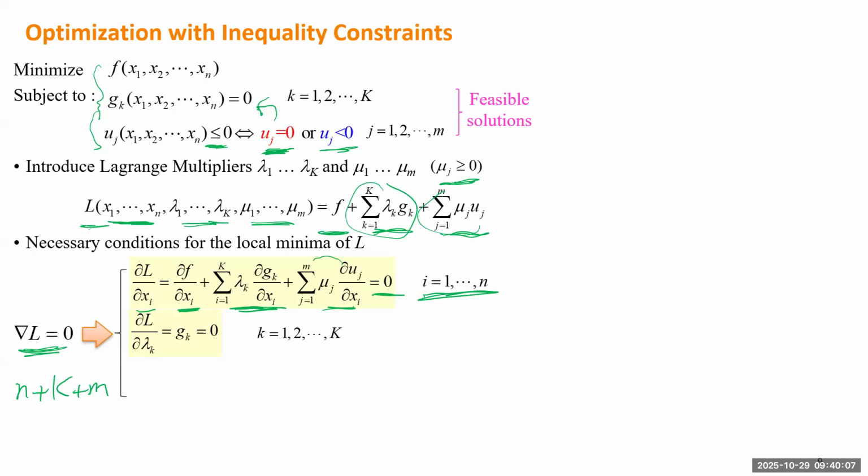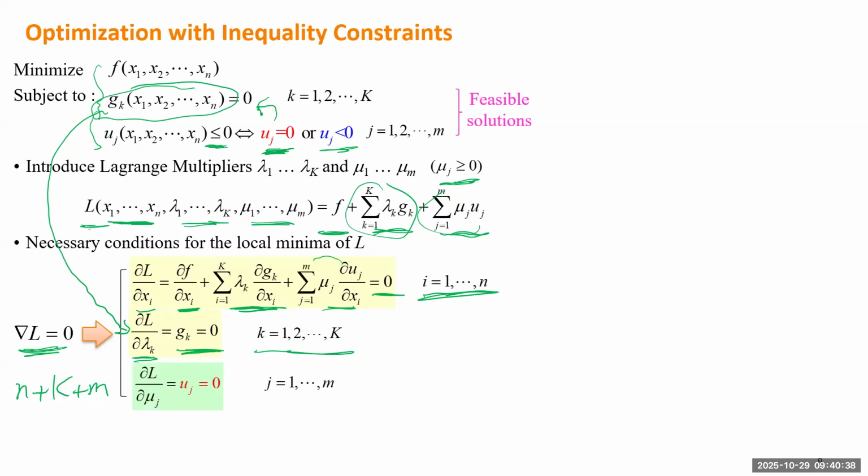Second, partial L by partial lambda k. This is exactly the same as for the equality constraints, so we have k such equations. The equality constraints come to here, so we take care of all the equality constraints by forming this gradient vector. The last element will be partial L by partial mu.